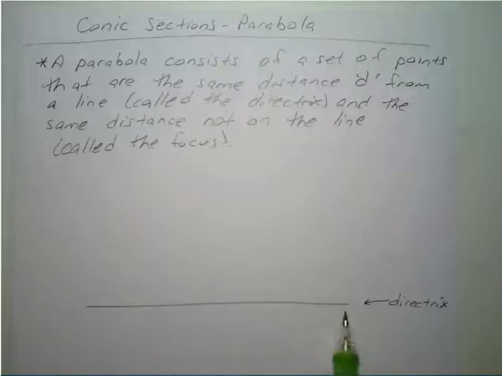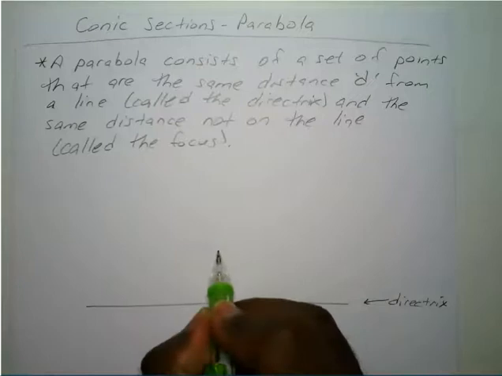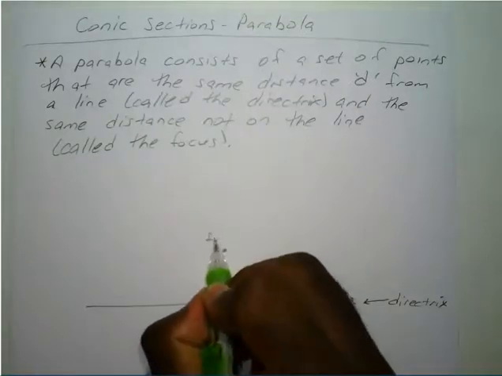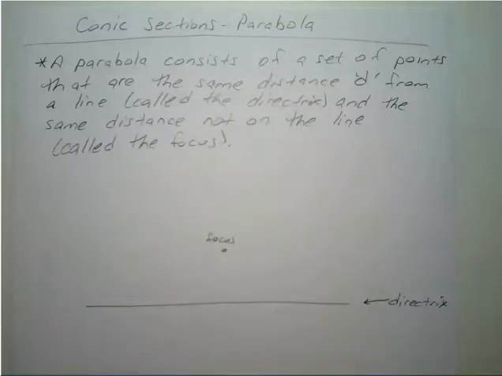So let's say we have our horizontal line here, and that line we will call our directrix. Let's say we put a point here that we will call our focus.